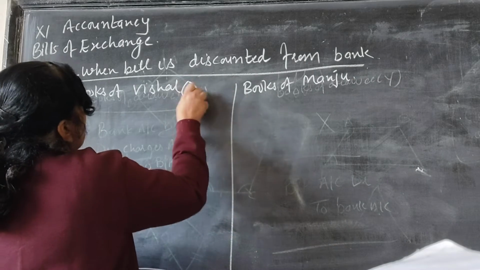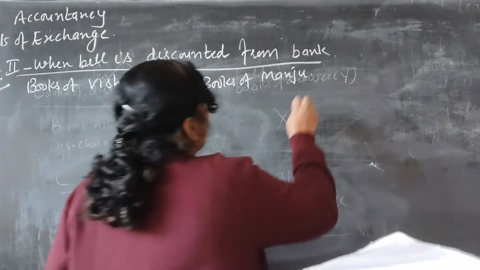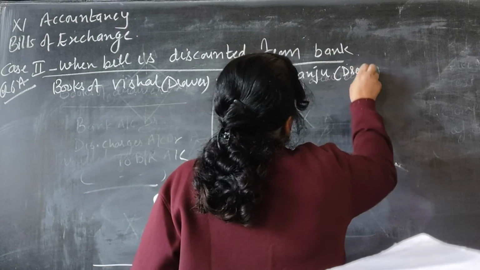Vishal is the drawer, seller of the goods, and Manju is the buyer of the goods, the drawee.